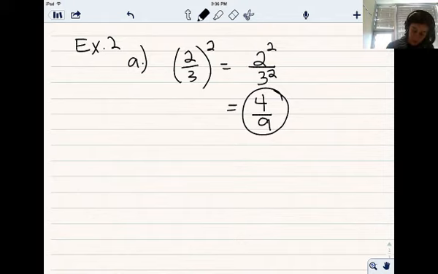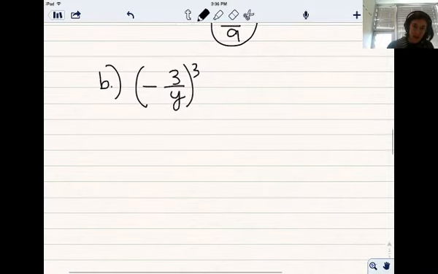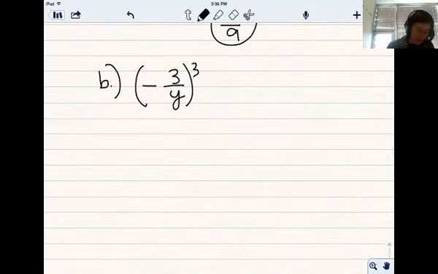Okay, how about problem B? -3 over y to the third power. Again, I'm going to apply the power of a quotient property. So I'm going to just put that negative in the numerator. It could be in the numerator or the denominator. I'm going to keep it in the numerator.